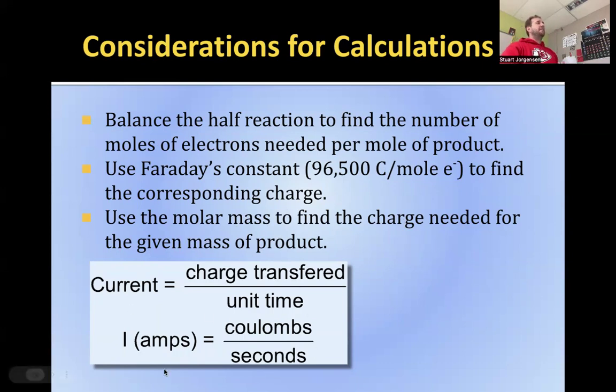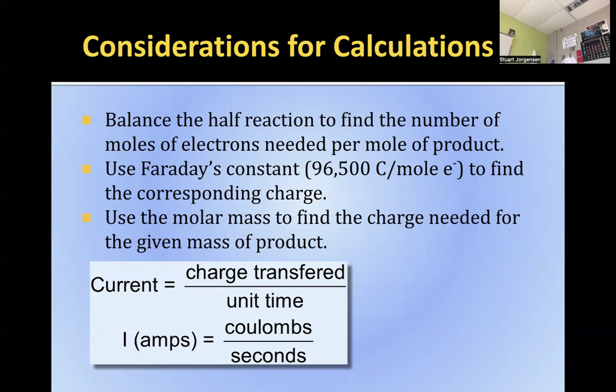This formula down here at the bottom is how we get our charge and our time put together. Amps is the unit we use to measure current. Usually you would set on your power supply, a little box, and say I want to do 4 amps. That's the amount of current I want to put into my solution.